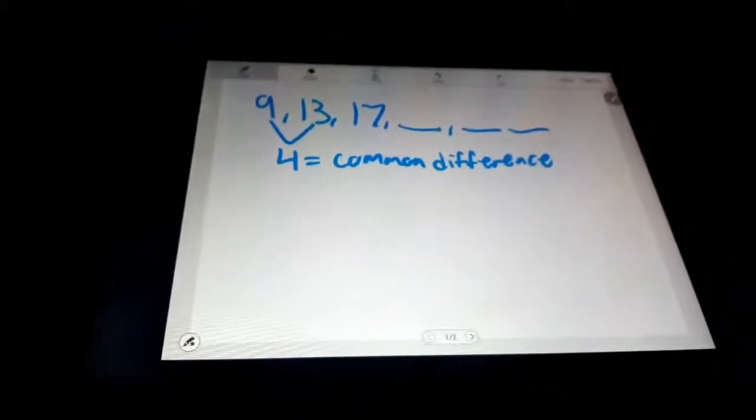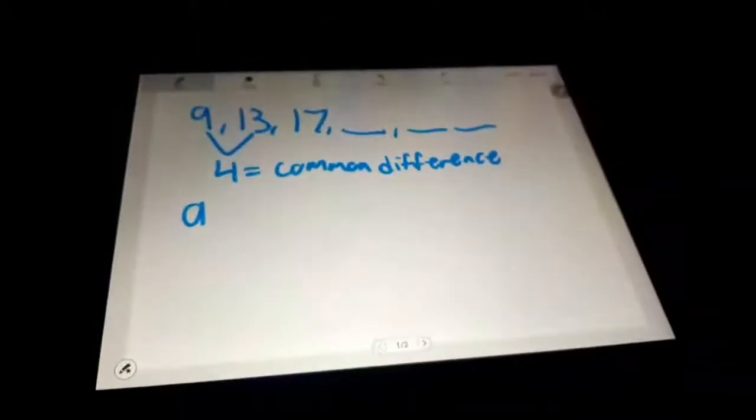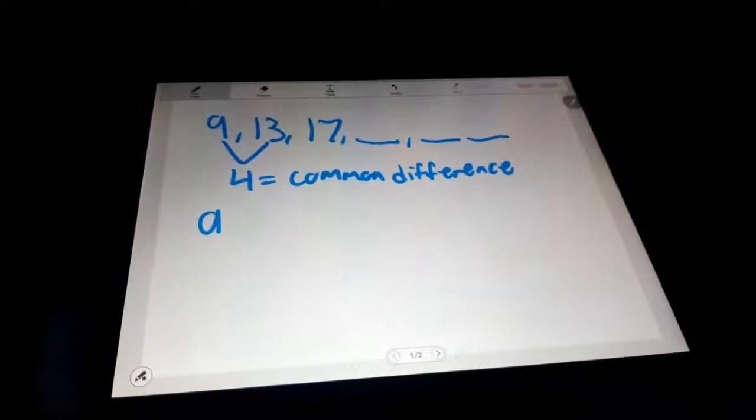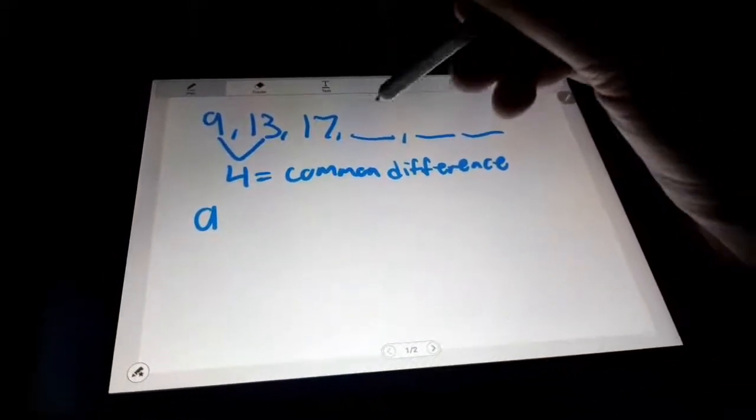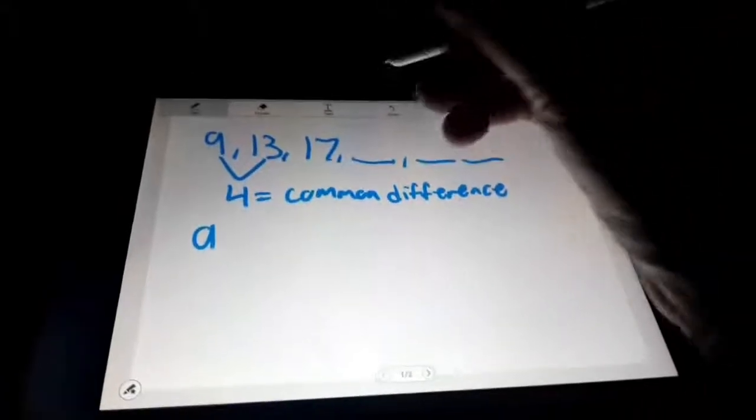Okay, so, let's start answering. So, again, we will use this. And instead of sub n, magiging sub number na yan. So, ibig sabihin, fourth term.